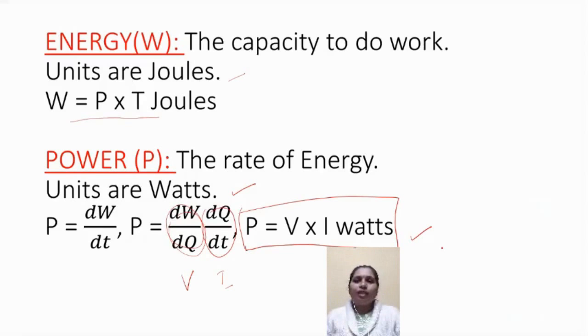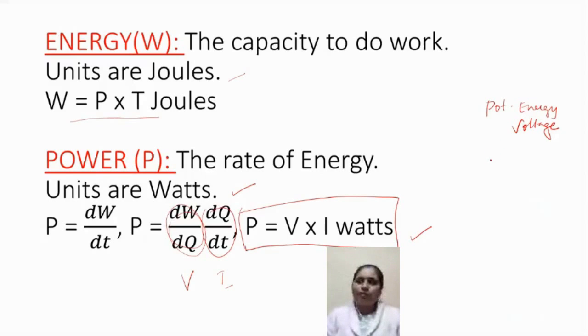Okay, so till now we have learnt what is a molecule, atom, proton, electron, and neutron. Next, we have learnt about free electrons, charge, current, potential energy or voltage, potential difference, energy and power. Here we have to remember potential energy, that is voltage. What is the purpose of voltage? It is the energy given for the movement of electrons.